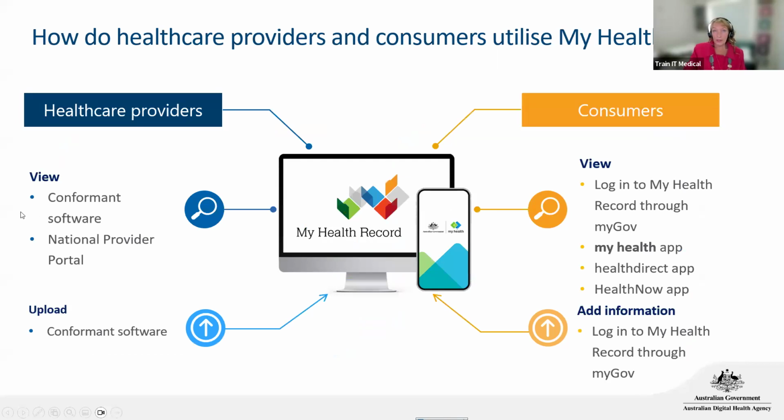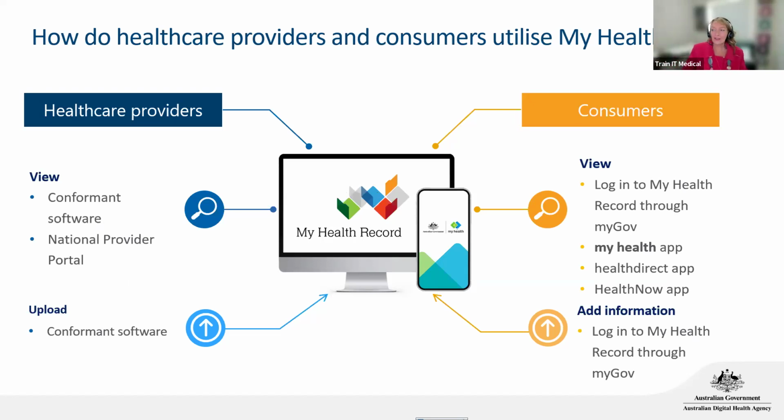So you, in the aged care facilities, access it through your conformance software. Now, let me know in the chat what software you use. If you have conformance software, you can just access My Health Record directly through your software, so you don't have to go external.